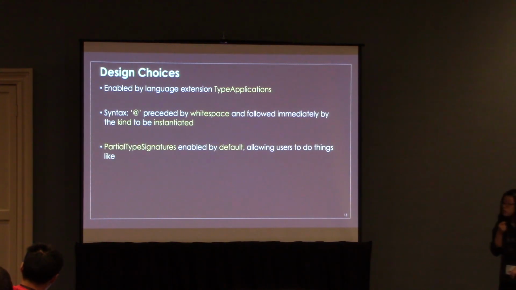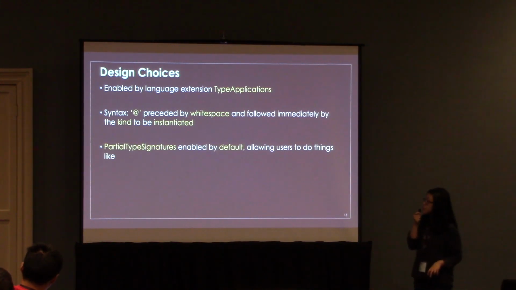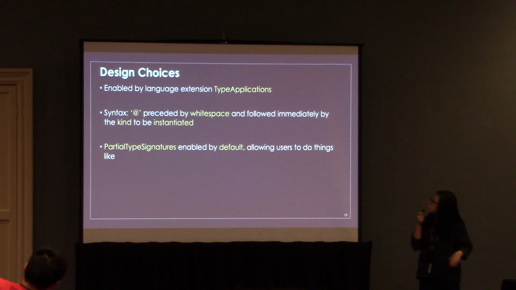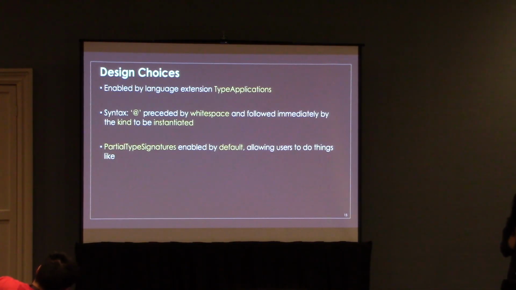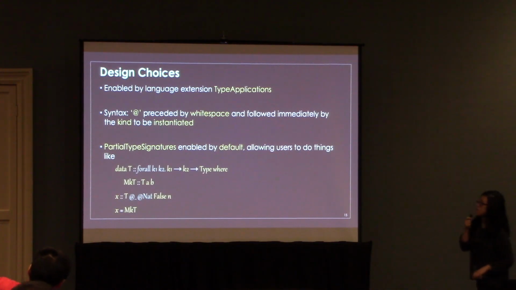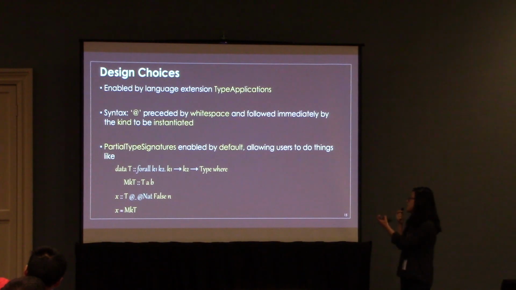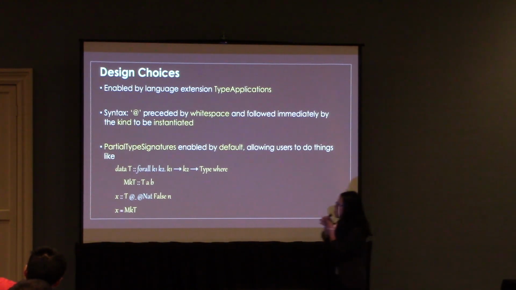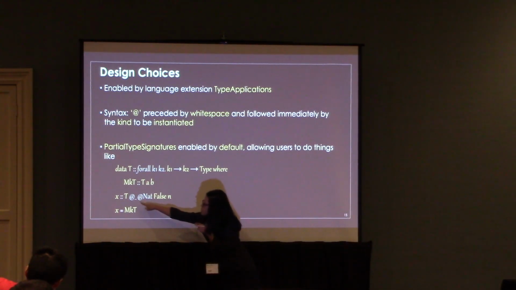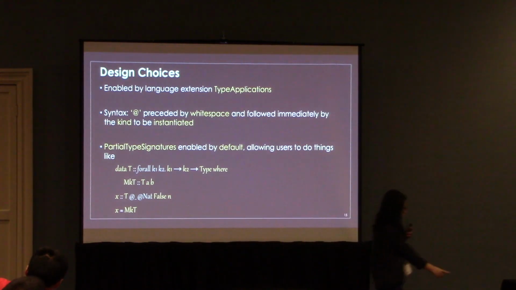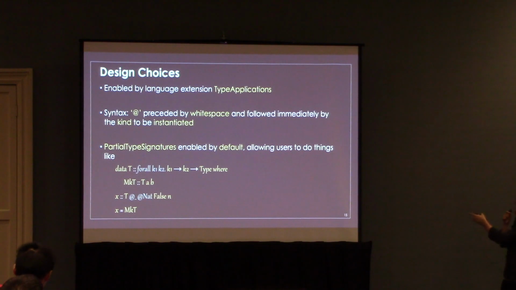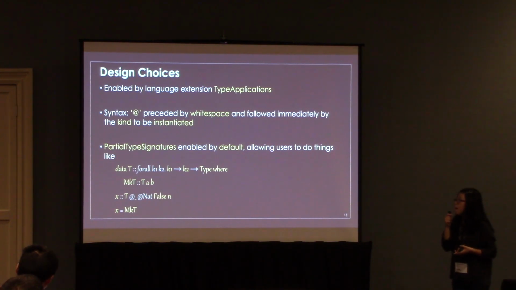And we also have partial type signatures enabled by default. And that allows users to do things like data T :: forall k1 k2. k1 -> k2 -> Type, where this T is the same one. But now you can just not care about this one over here. If you just want to type check and apply the kind of the next one, that will work, and that will not generate any warning or error for you.